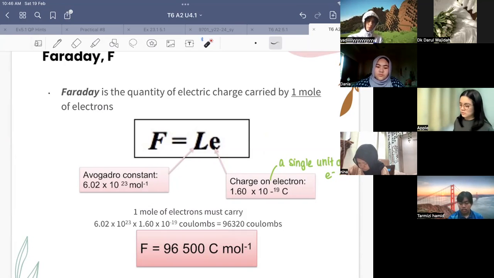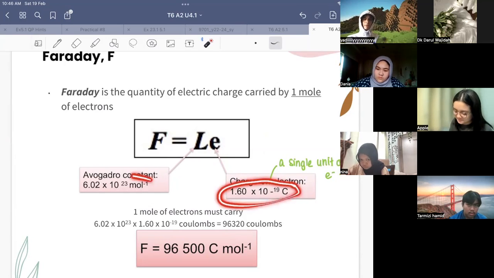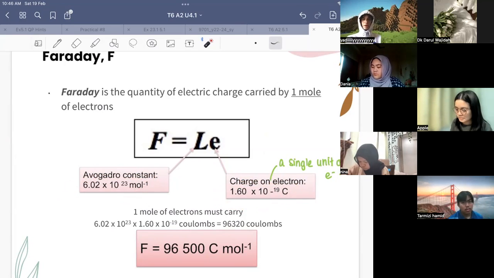You can try multiplying 1.6 times 10 to the power of minus 19 with 6.02 times 10 to the power of 23. You will not get the exact same number because it is a constant, and depending on the value that you use for your L, the Avogadro's constant, different people will get different things. By calculation, I got 96,320.